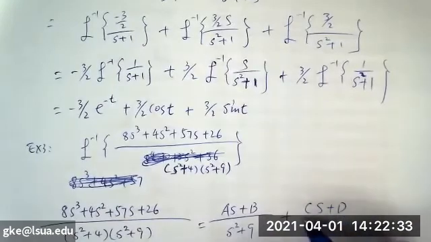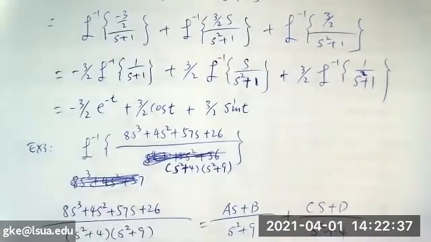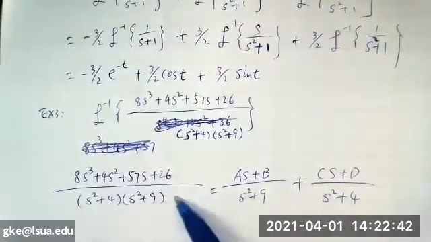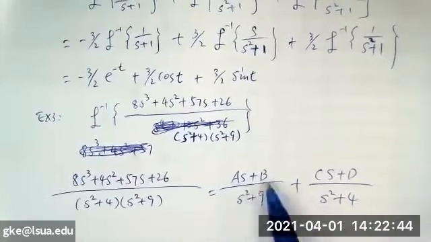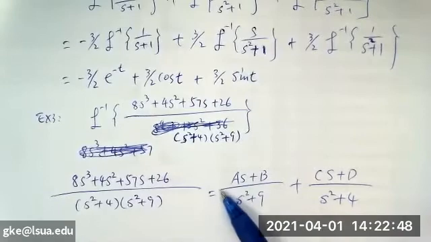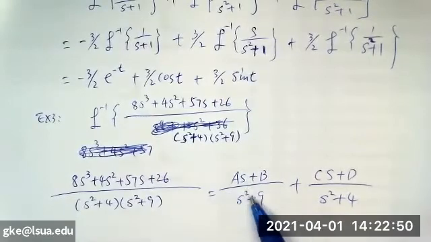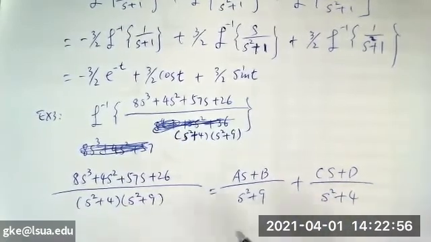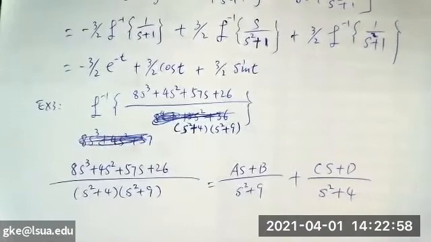We can do it like that because in the denominator we have s squared, so in the numerator we have one degree less, which is as plus b and cs plus d. Now try it by yourself. I'll give you 1 or 2 minutes. Try it by yourself.